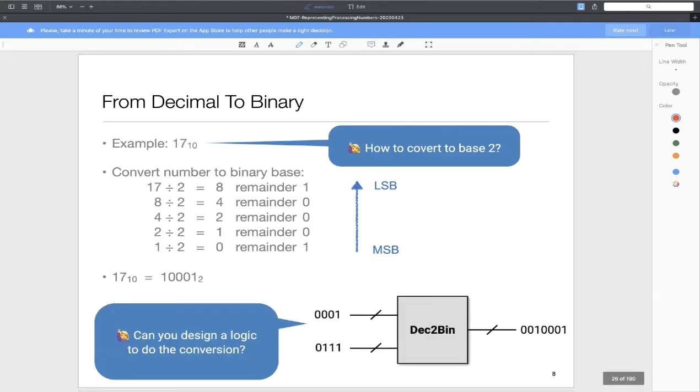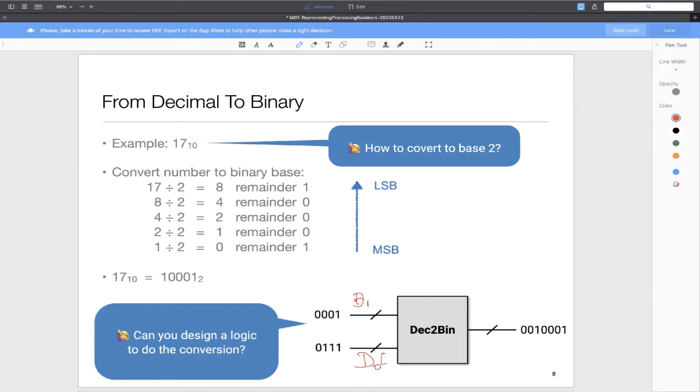So one question is, let's say I give you a 2-digit decimal number. In this particular case, this is digit 1 and this is digit 0, right? Because there are 10 possible digits, I need 4 bits.